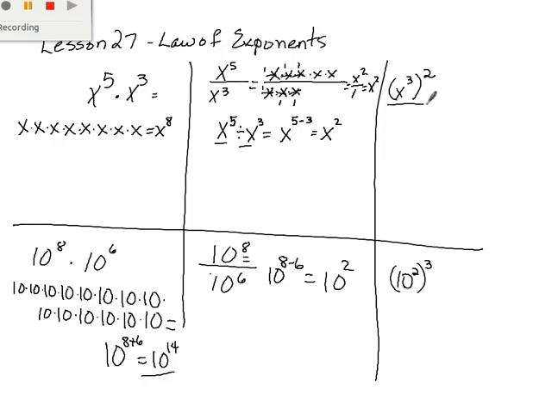When we're working with exponents that are then powered, this says x cubed times x cubed, because it says take the value x cubed and square it. So it's x times x times x times x times x times x, which equals x to the sixth.